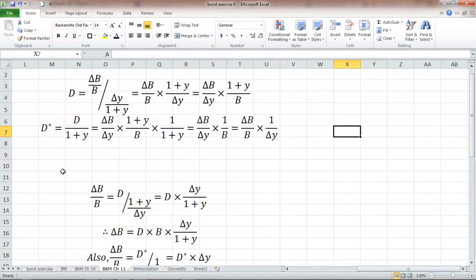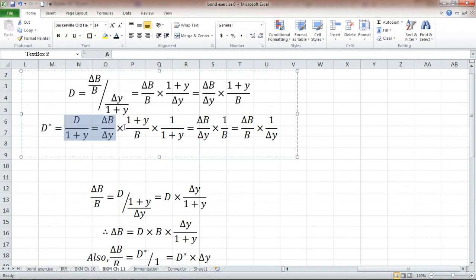And then modified duration is basically Macaulay duration divided by 1 plus y. And why do they do that? Think about it. Duration is this, right? Divide it by 1 plus r. What's going to happen?